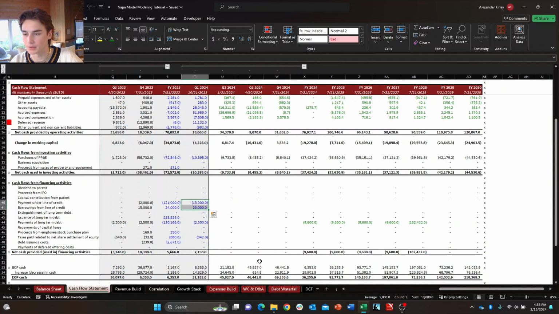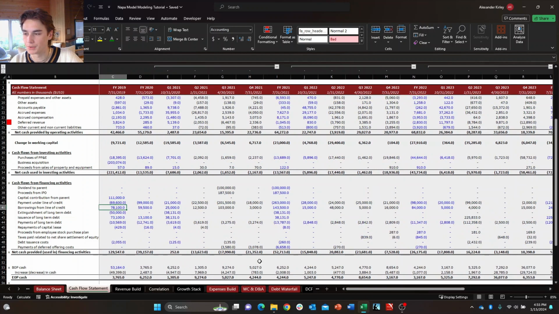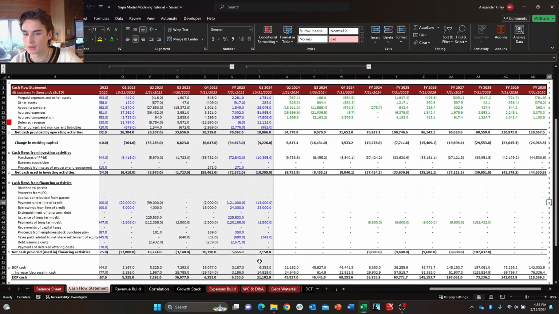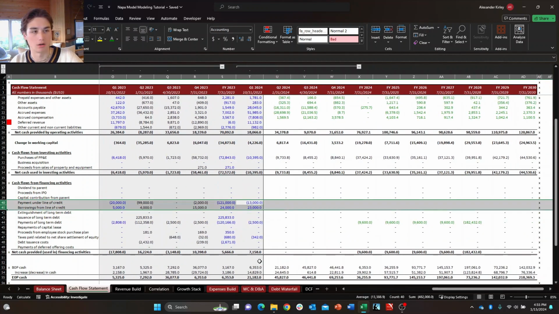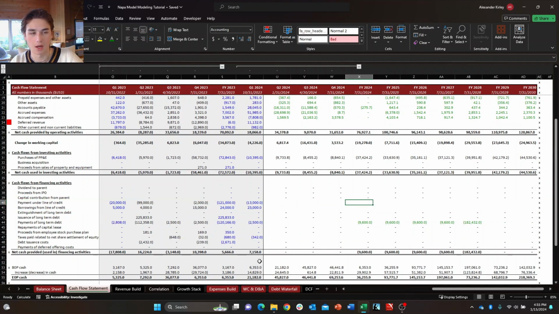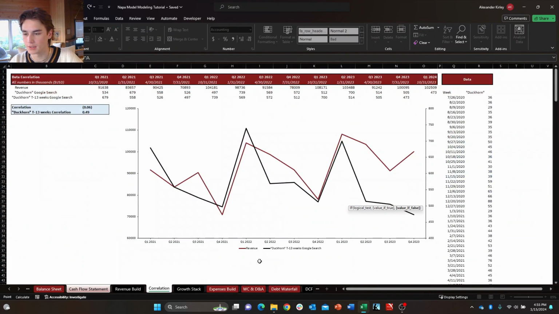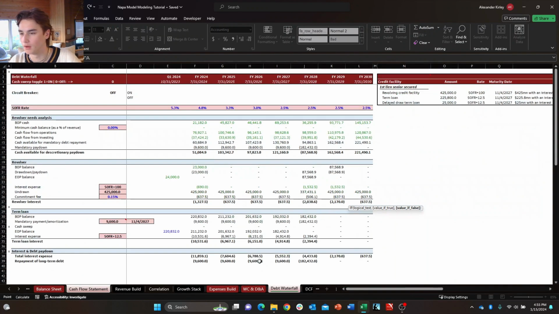The whole idea with the revolver is we're going to take this number here. We see there's both payments and borrowings. With that being said, what we want to do is not combine the two. However, we're going to utilize one line item to express both of these, and what we're going to use is our drawdown slash paydown.